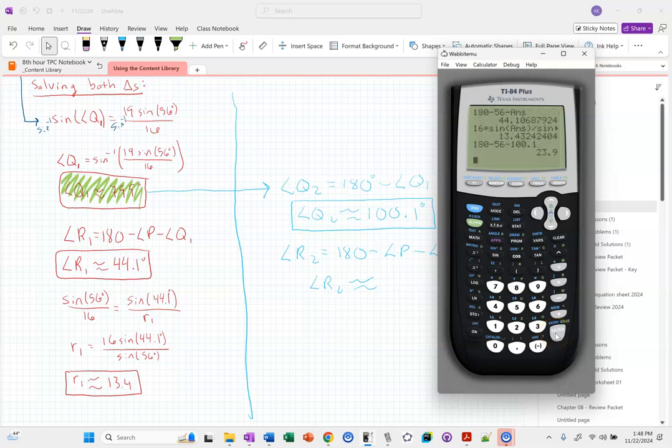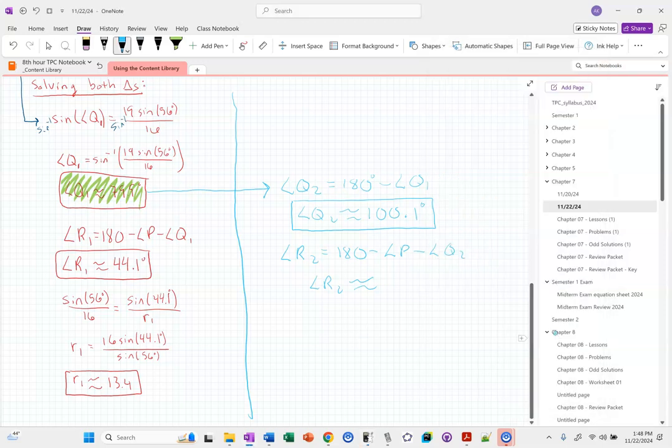So R2 is going to be about 23.9. So far, so good. The last piece remaining for triangle 2 is side R2.